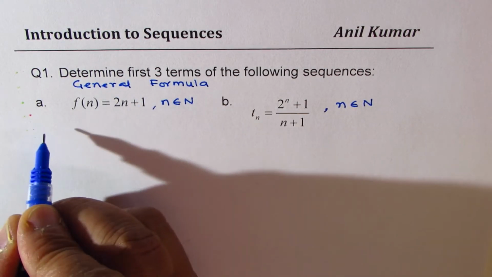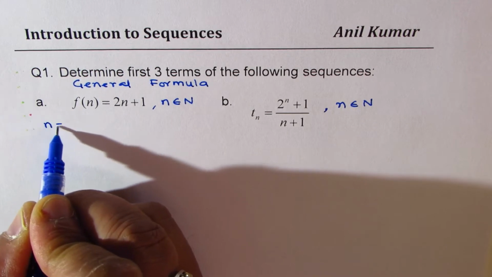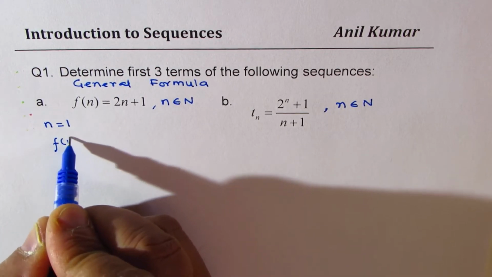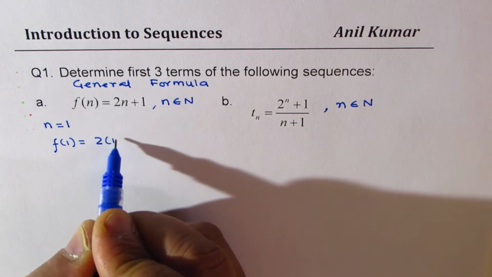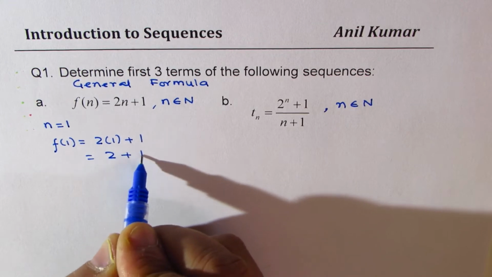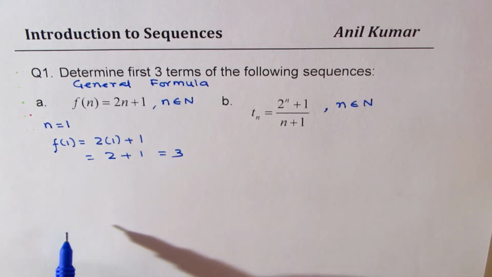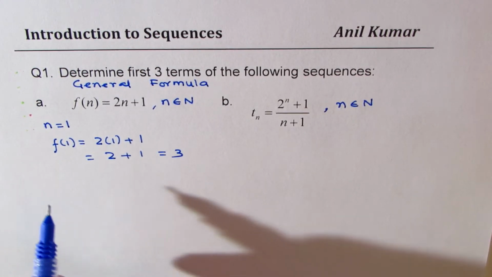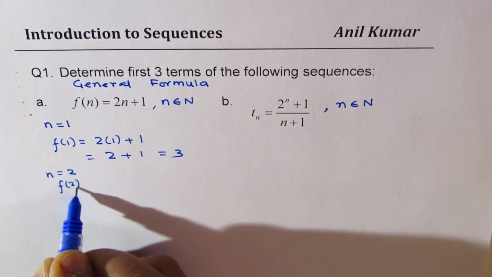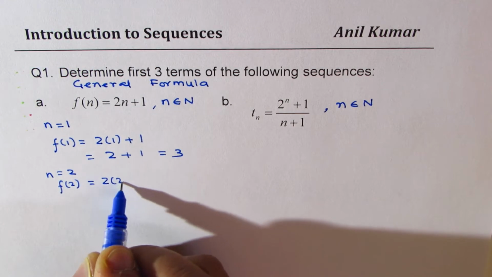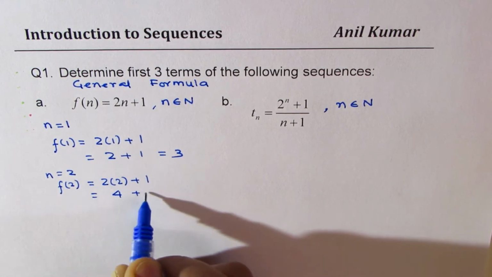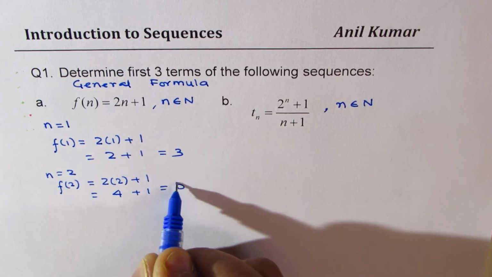So first 3 terms means the first term will be for n equals 1. If I write n = 1, I get f(1) = 2 times 1 + 1, which is 2 + 1 = 3. So that becomes the first term. For n = 2, we can calculate f(2) = 2 times 2 + 1, which is 4 + 1, giving us 5.